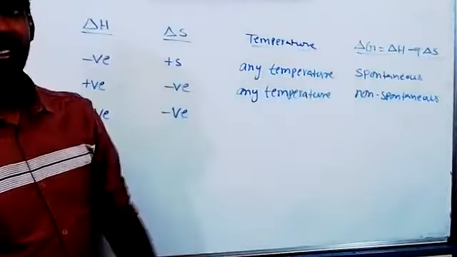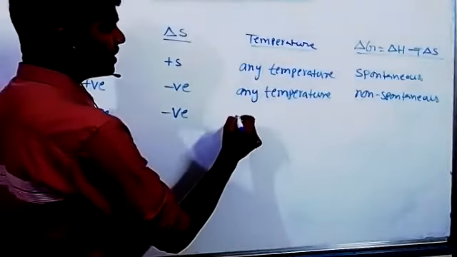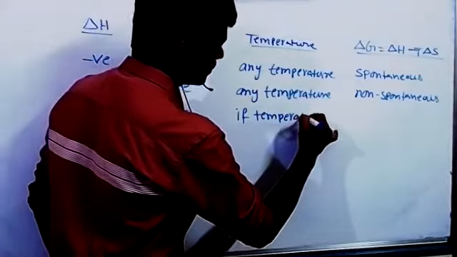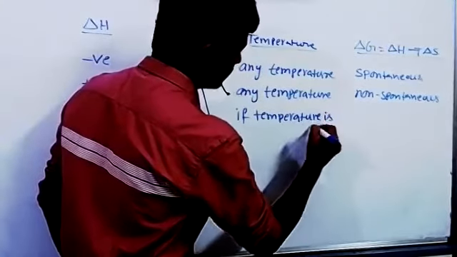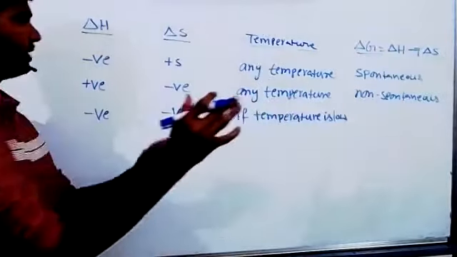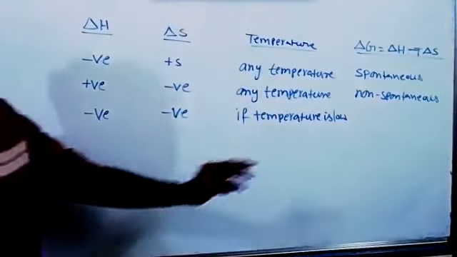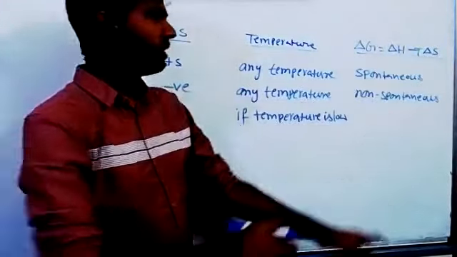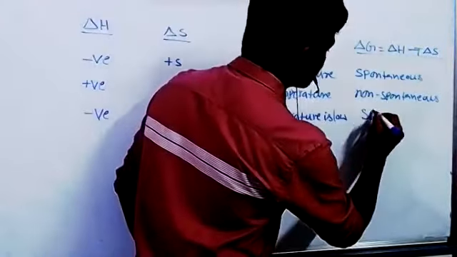In this case, temperature makes a difference. If temperature is low, the positive value stays small, while delta H maintains a big negative value. So delta G becomes negative, then spontaneous.